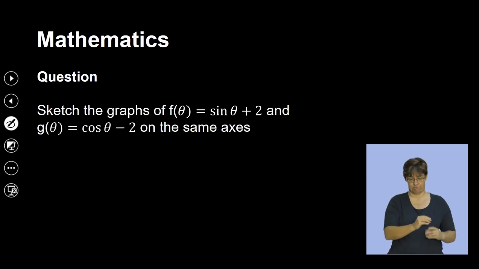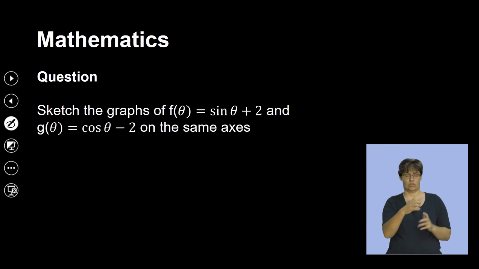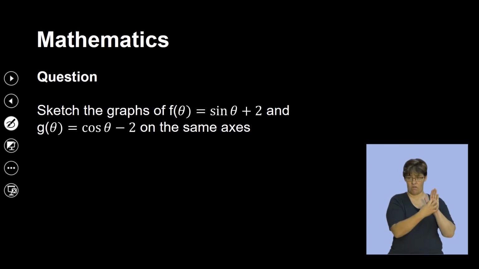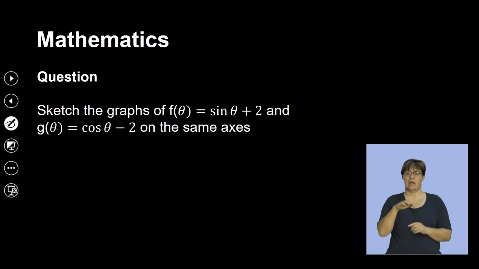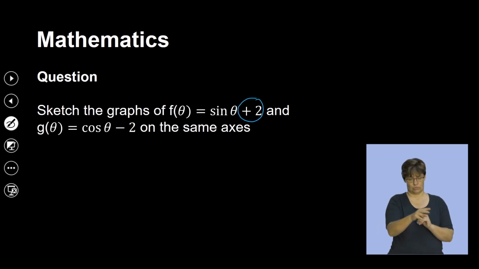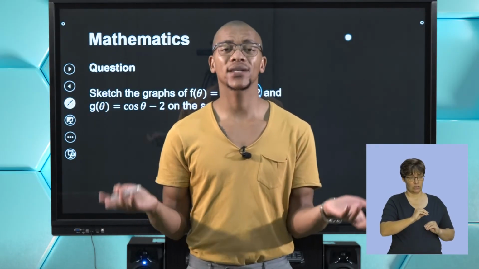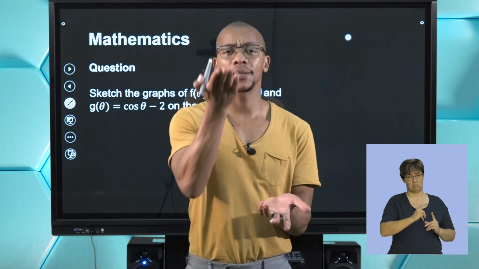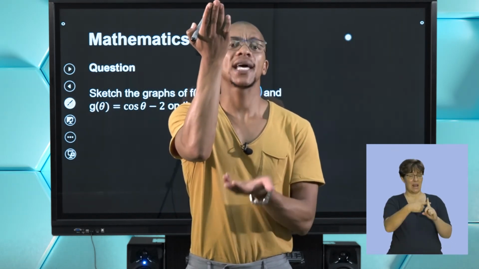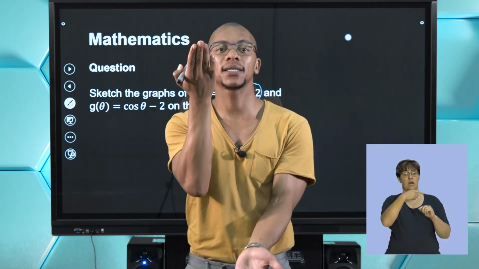Now, if we look at some questions that want us to do this, they say sketch the graphs of f of x equals sine theta plus 2 and cos theta minus 2. Already you can see the plus 2. When you talk about the vertical shift, guys, going up or down, the plus is the positive y values and the minus is the negative y values.